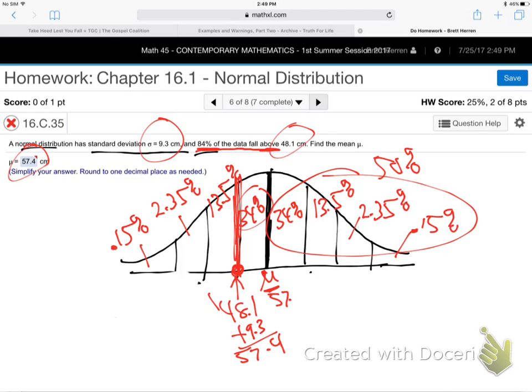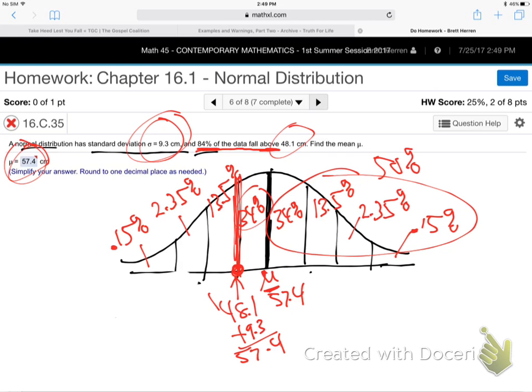This must be 57.4, because if you subtract 9.3, you get back. So I just added 9.3 to go to the right. Between every line is 9.3. That's what that standard deviation means. It's the gap from line to line. The standard deviation gap from line to line.